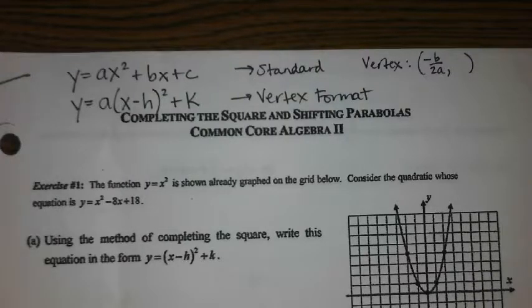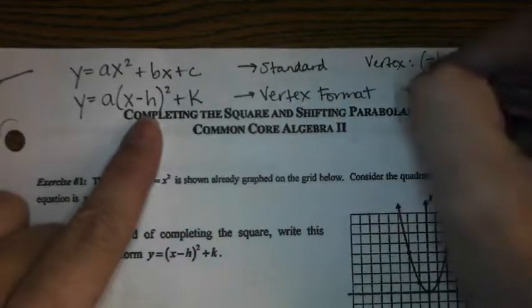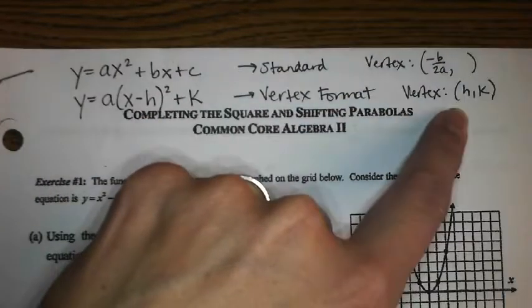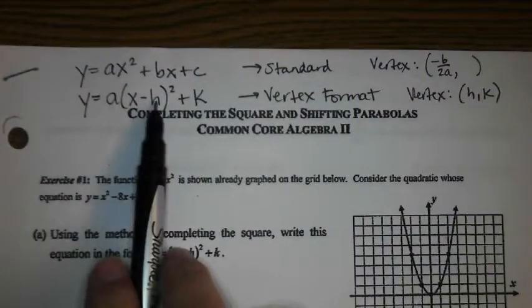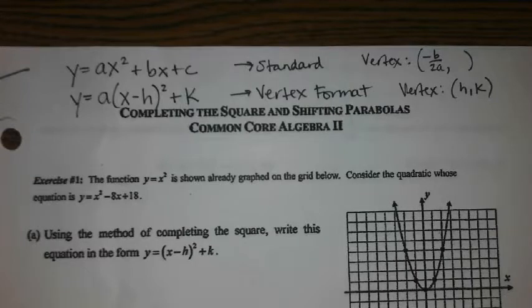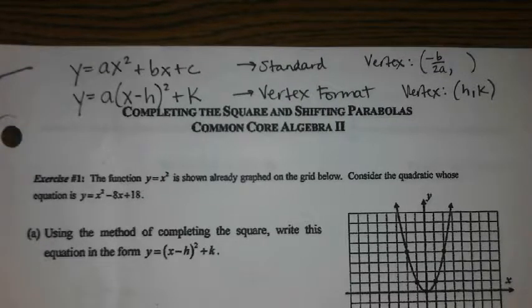It's so much easier to find the vertex when you have it in that second format, because the vertex is just h comma k. Whatever's in the h spot is your x coordinate of your vertex, and the k is the y coordinate of your vertex. So if it's in that form, finding the vertex is super easy. Just look at it. Does this make sense so far?